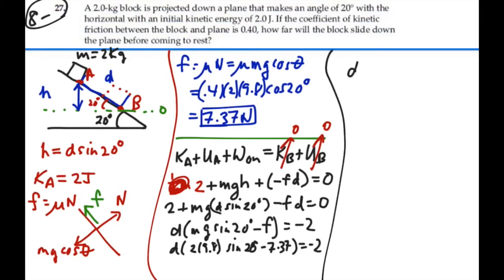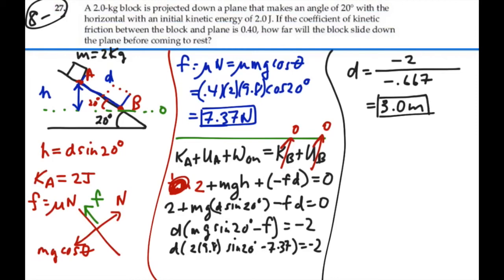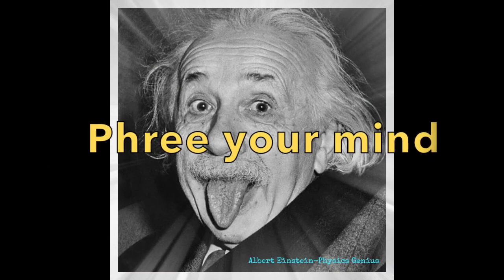So d is equal to a negative 2 divided by all that other stuff, which is a negative 0.667, which is giving us 3.0 meters. So the distance d down the incline is 3.0 meters. That's how far it will slide before the mass comes to rest.